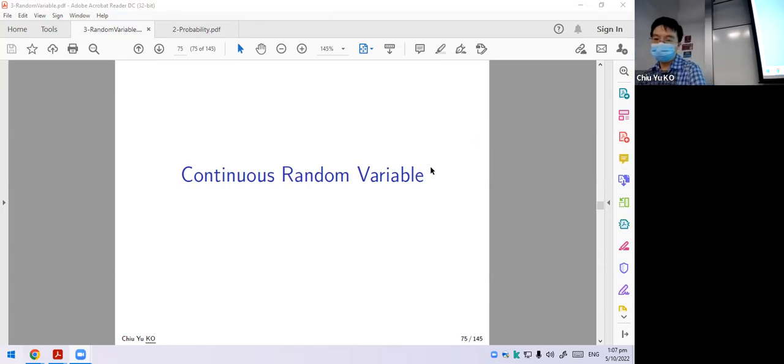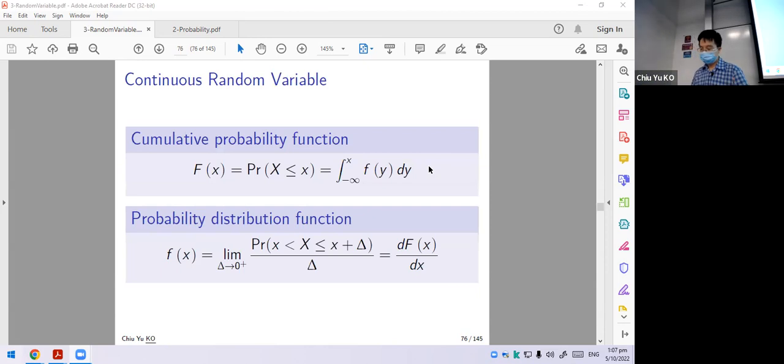It's called a continuous random variable. At the beginning we said, for the continuous random variable, we can only define the big F. We don't have the big P again. We have only big F. Okay, the big F is the same idea, the probability that X is less than that value.